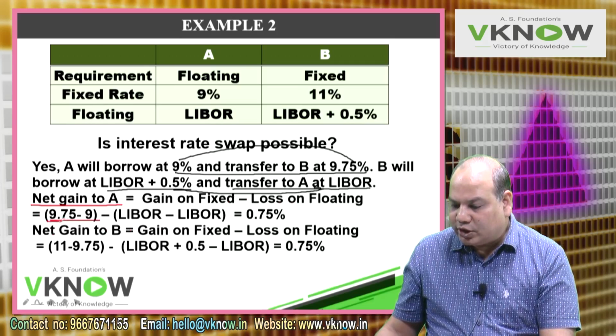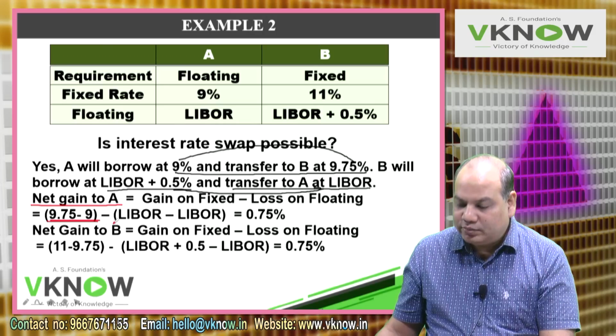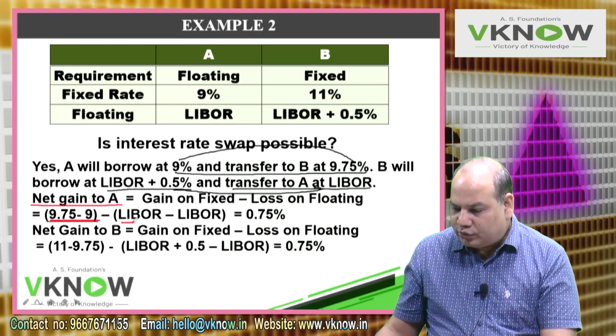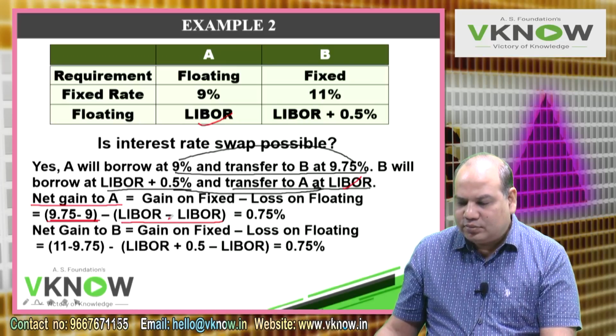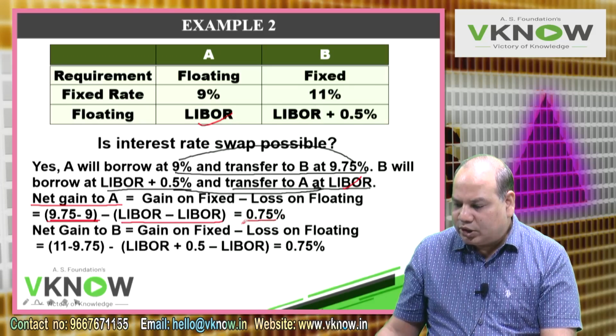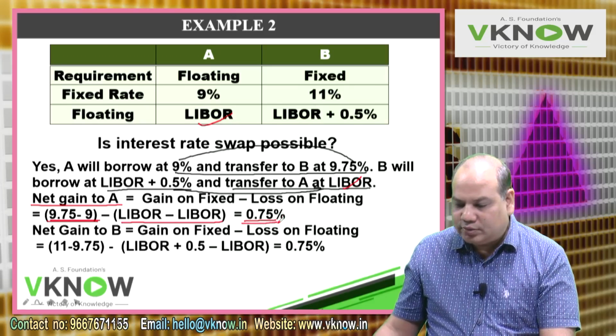Gain on fixed is 9.75 minus 9. Loss on floating is not there. LIBOR it would have paid, LIBOR it pays to B. So on the floating rate front, there is no gain or loss to A, but on fixed rate front, there is a gain of 0.75. So the answer is a gain of 0.75 to A.